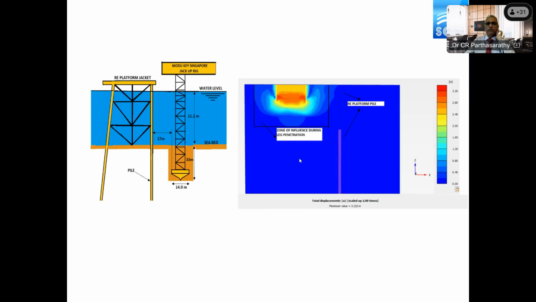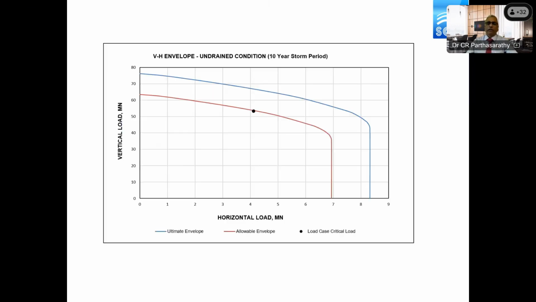We see there is no lateral deformation of the soils. That means there is no effect of the spud cans adjacent to the pile, and therefore there is no need to take any additional precautions. For the environmental force, the J-a-H loading also suggested that it is within the factored load, so it is safe.